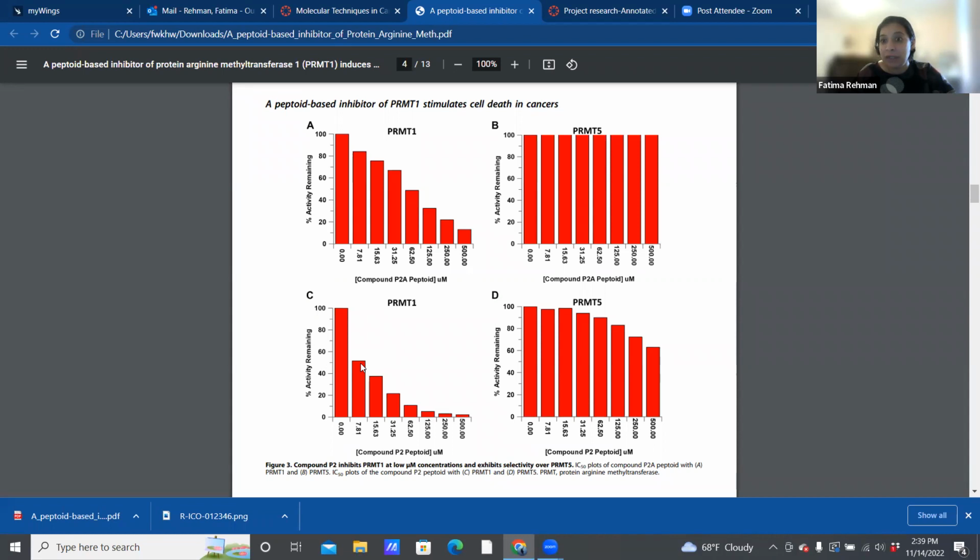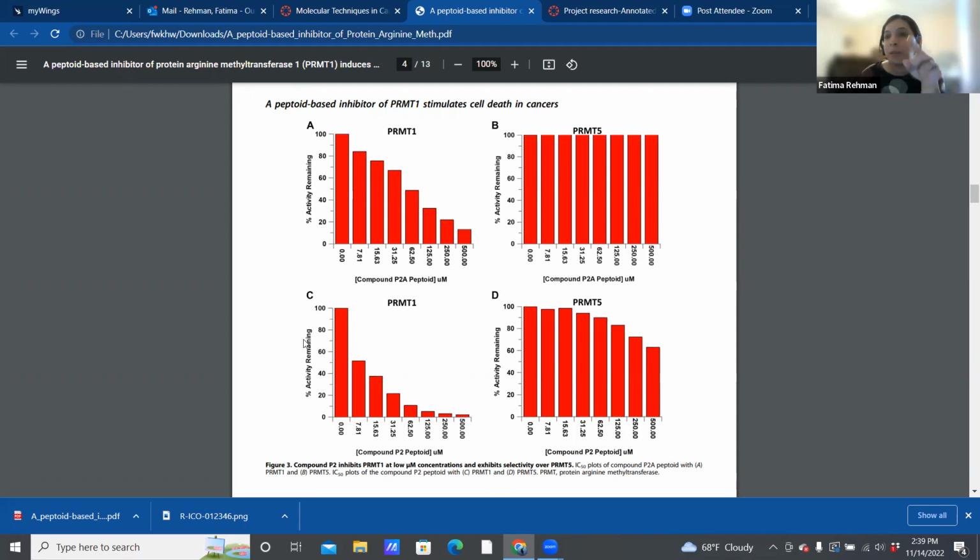That's a big difference. What's the second part telling us? So it tells us that this is a very specific inhibitor for PR. No, it doesn't tell us that. But if we just look at A versus C, all it tells us is that for PRMT1 inhibition, P2 is a lot more effective, right? It's about 10 times more effective than P2A.